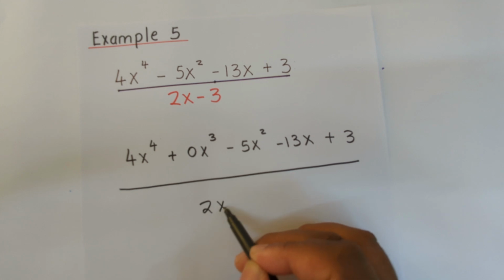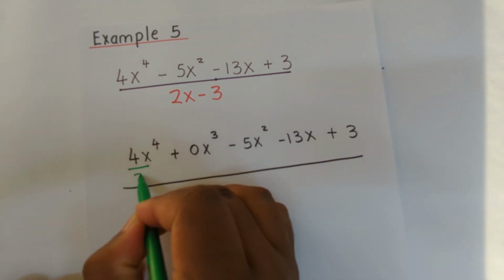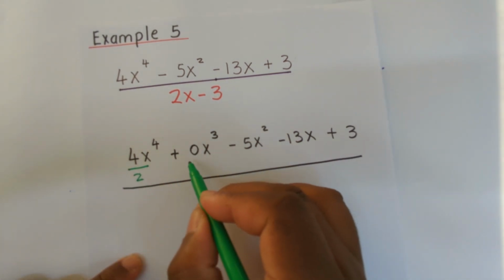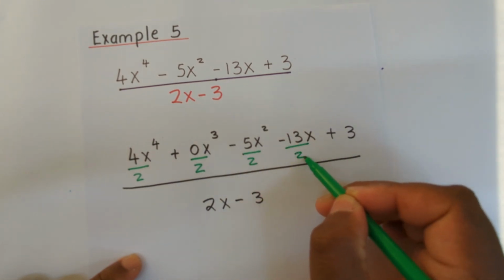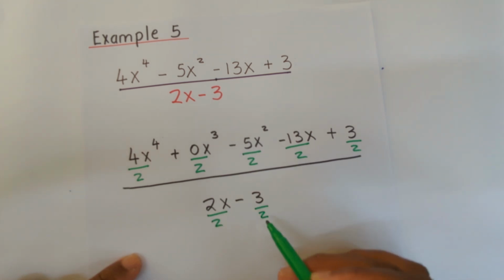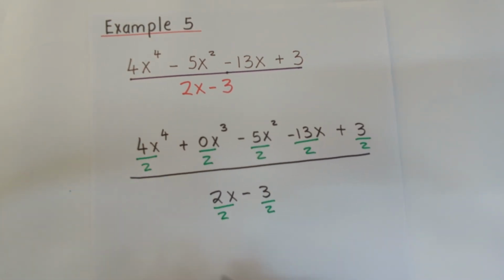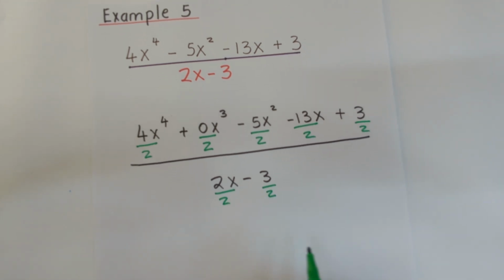This was 2x minus 3. Now we have to divide each and every term by 2. So divide by 2, divide by 2, divide by 2, divide by 2, and also here we divide by 2. Now let's write the simplified question.